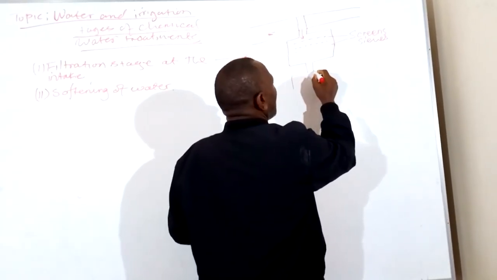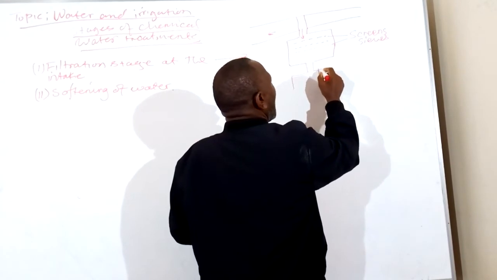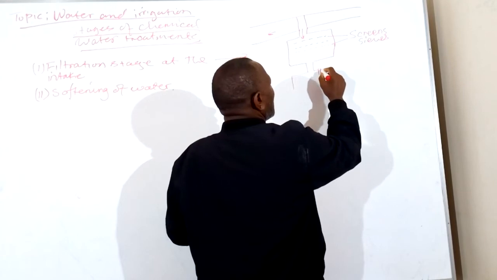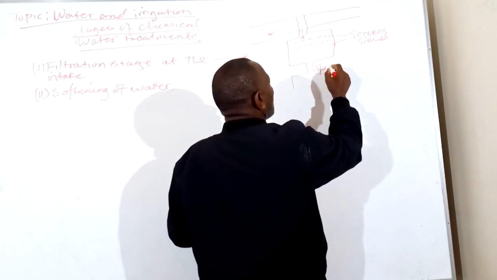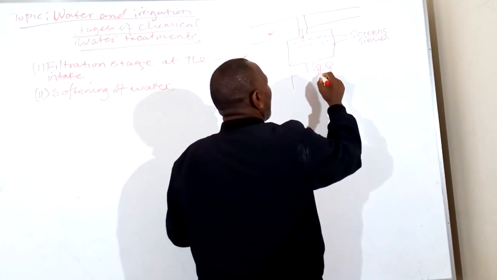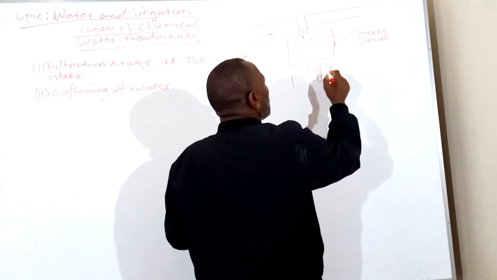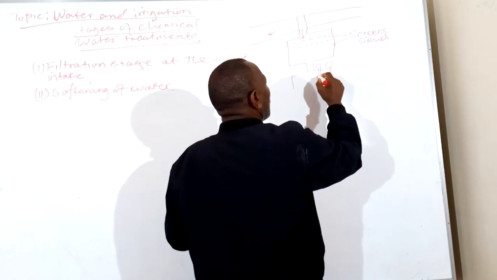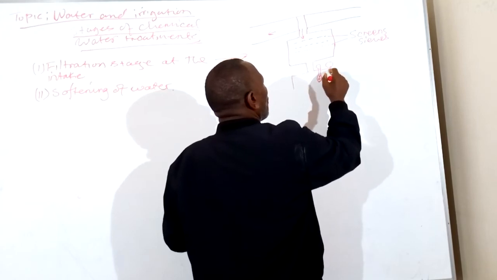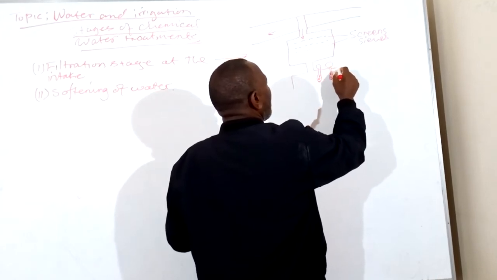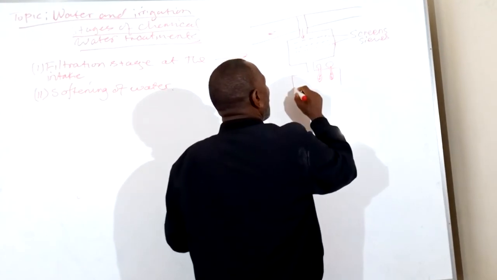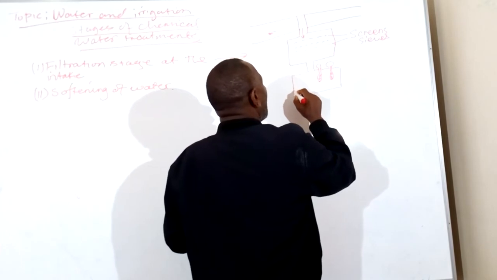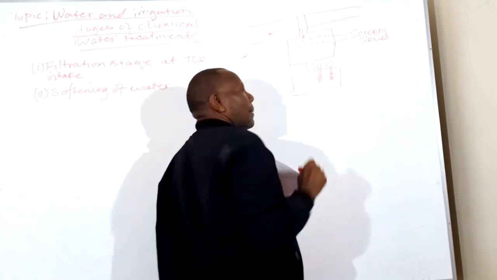So here there is a container, let's call it a tank, and this tank has some dosers. These dosers are used for applying chemicals into the water in this container. So which are these chemicals?